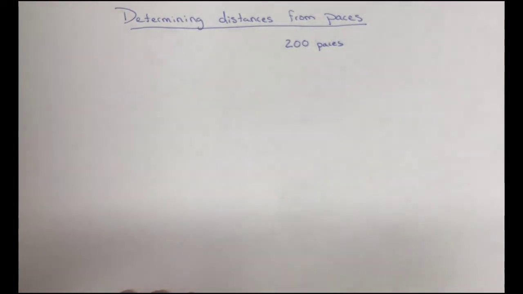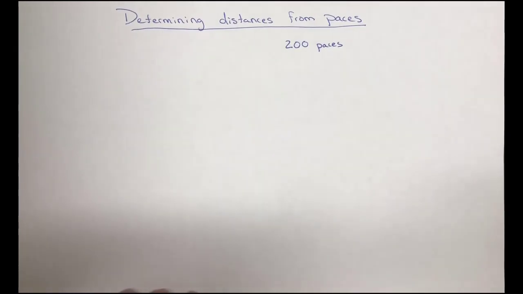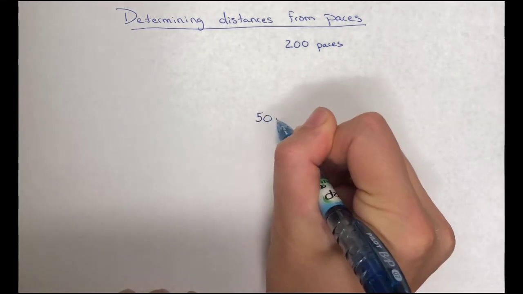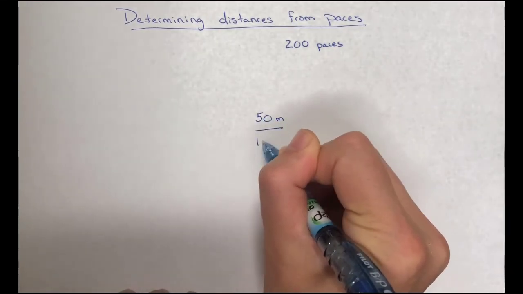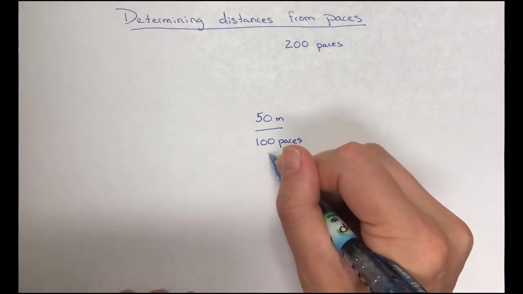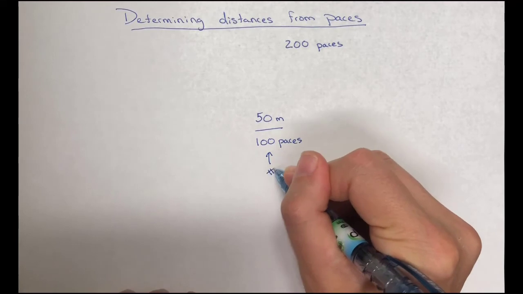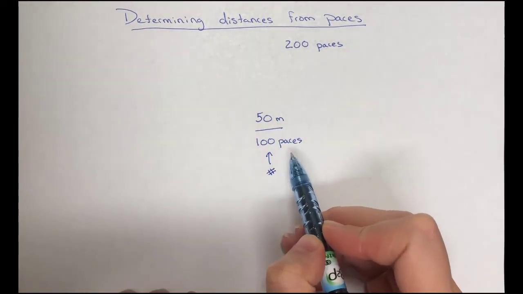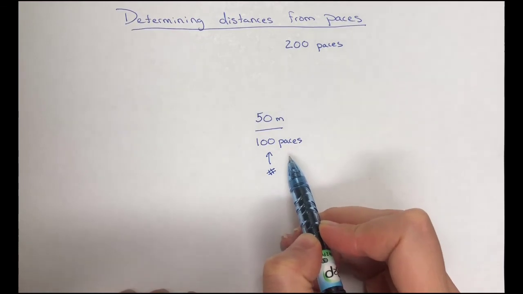Keep in mind that the number is going to vary depending on the person, because paces are individual to the person. So what you're going to end up doing is that if earlier you had found out that in a 50 meter distance you have 100 paces, keep in mind again, just a reminder that this number per 50 meters is going to be individual to you, and you're going to determine that by walking a 50 meter tape several times, counting your paces and then averaging across that.